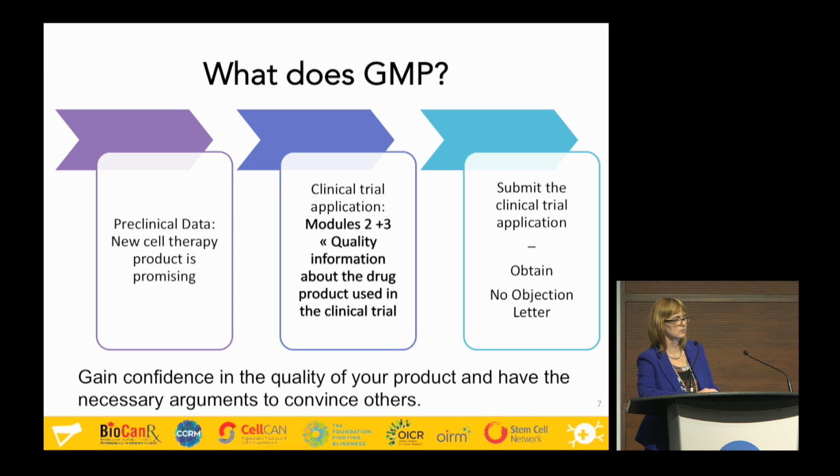This is not, okay, your trial is great. It's right now we think it will work. We don't see anything that puts the patient at risk. It's not really an okay, it's just we're not against it. You can start. And in that clinical trial application, modules 2 and 3 deal with the quality information about the drug.